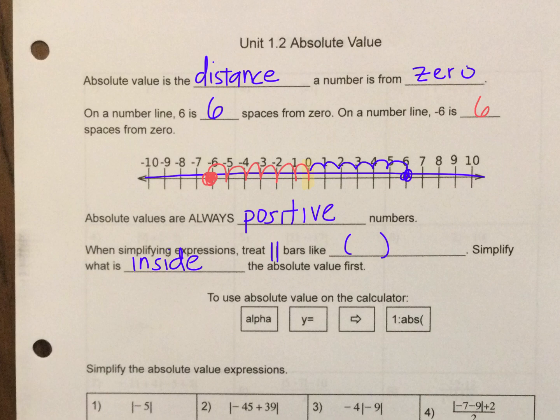So we can get absolute value bars on our calculator. If you hit alpha, y equals, this time hit the side arrow button and hit enter. It'll bring up bars and you can put stuff in the middle of them.